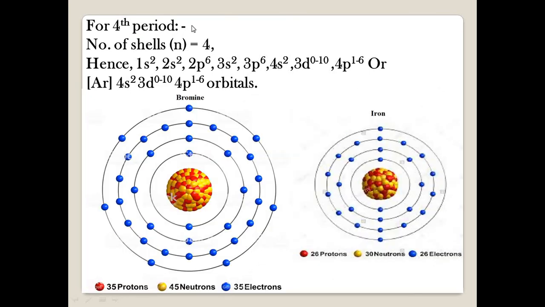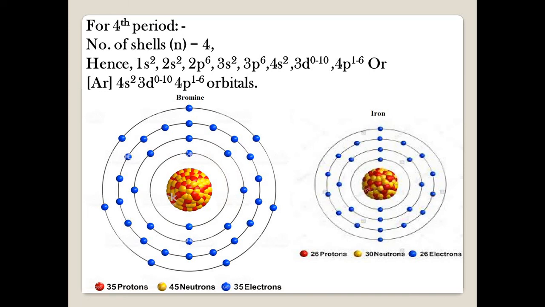Then, for the fourth period, n is equal to 4, other examples are bromine and iron, which carry subshells: 1s, 2s 2p, 3s 3p, 3d, and 4p. Are you getting this?